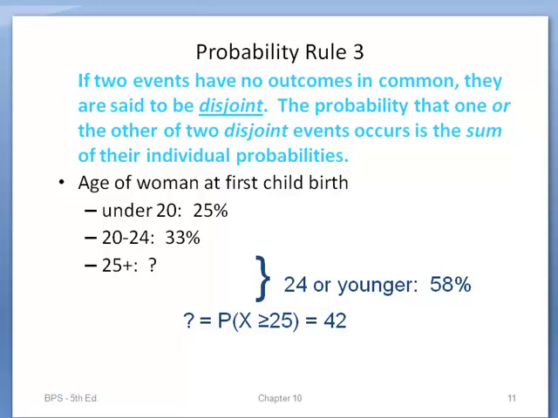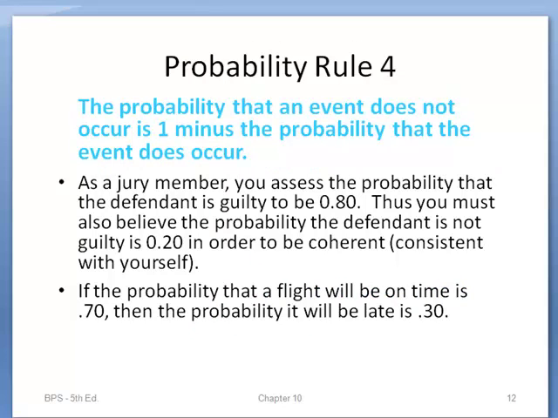Because when we add up all those percentages, it has to equal 1, which leads us back to the probability of the event not happening equals 1 minus the probability that the event does happen. If you read this example, you can see that. But my illustration earlier, I think, also shows this particular rule quite well.